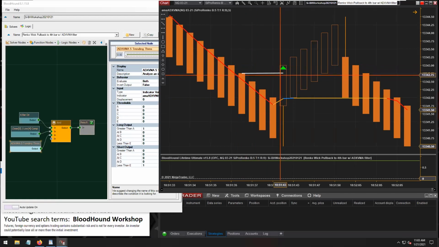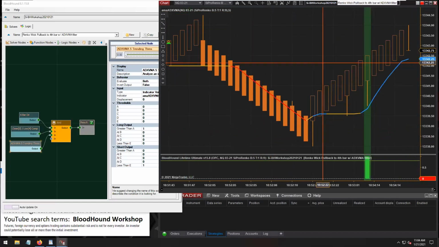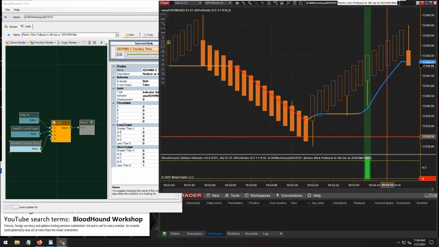So if price does gap like this, then signals will skip on you, because this bar had printed and there actually was no price at this point to trigger that signal. So just keep in mind that when you're working with these hybrid-renko bars, what you see historically is not what will actually happen in real time. Oh, there we go. Shoot, we missed one.